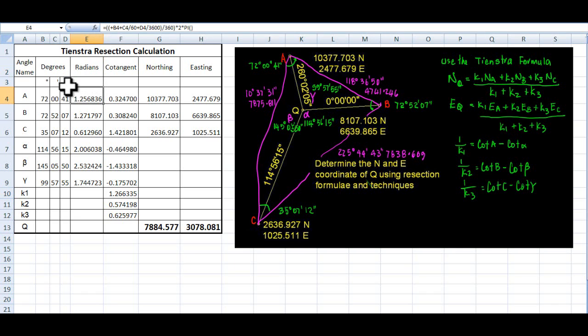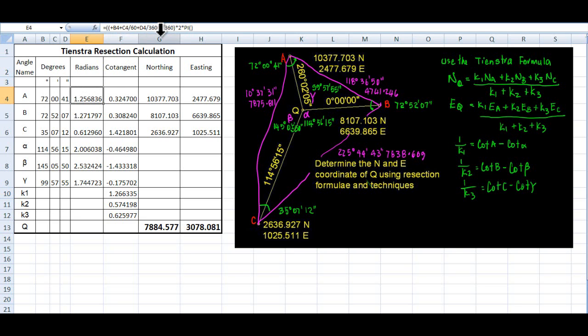Here's B4, which is the 72 degrees, plus C4, which is the 0 minutes, divided by 60 to make that a decimal, and then plus D4, 41 here, that is divided by 3,600, 60 minutes times 60 seconds. Adding those three together will give us the decimal degrees.